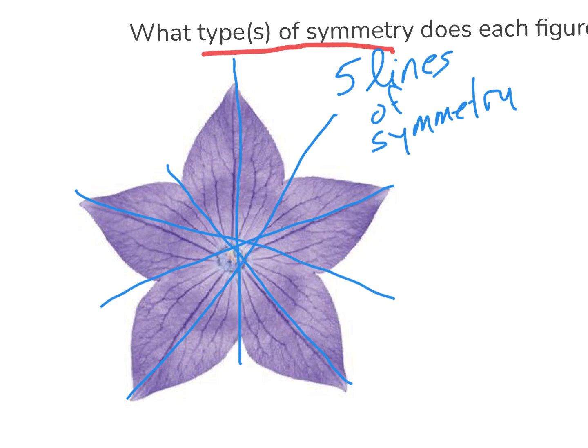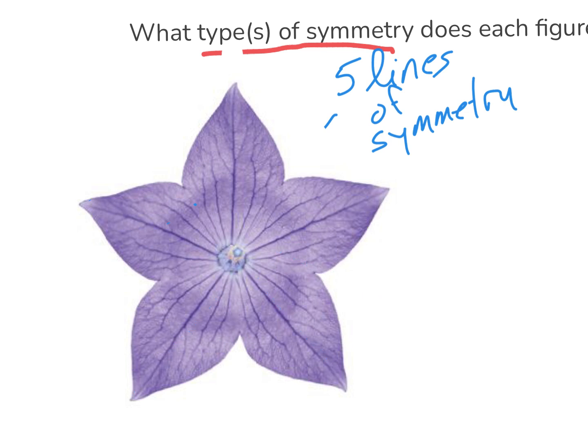And then we start thinking about doing rotational symmetry. So I'm just going to erase these real quick. So I start thinking about how far I have to rotate this. So I have basically 5 corners. I got a corner here, here, here, here, and here.